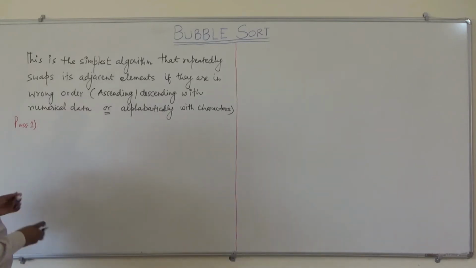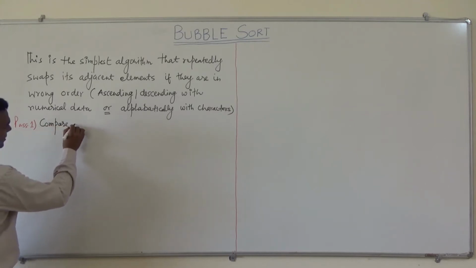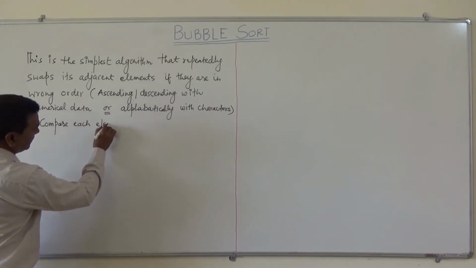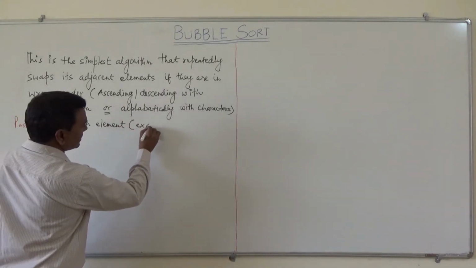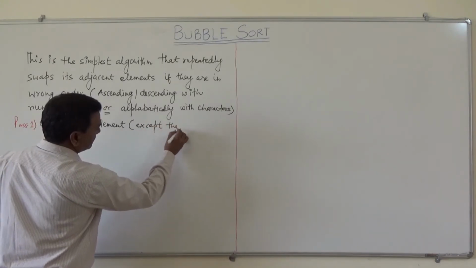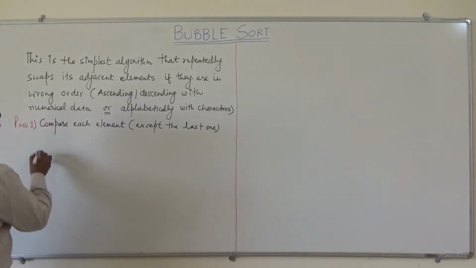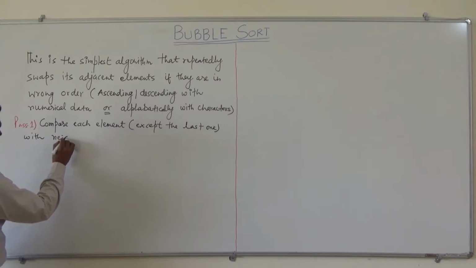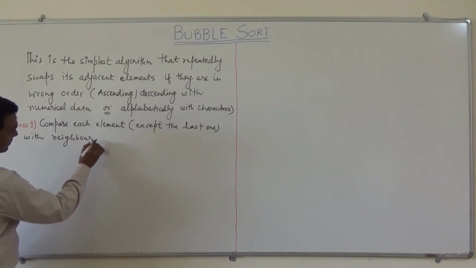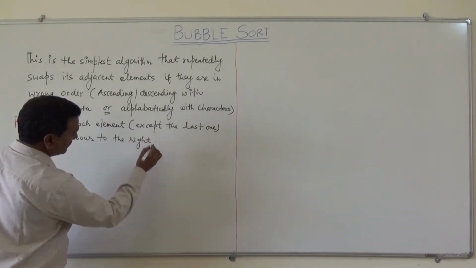In each pass, compare each element, except the last one, with its neighbor to the right.